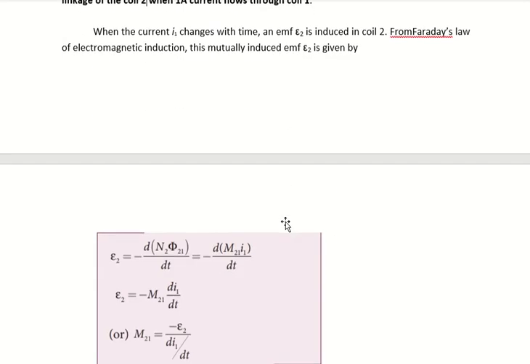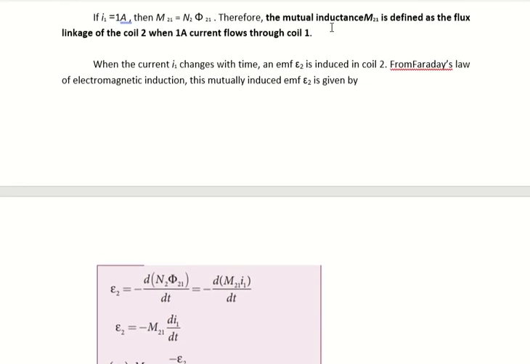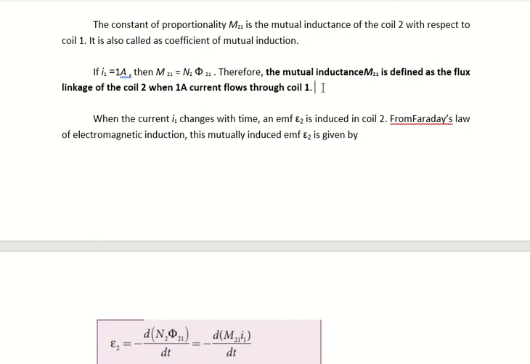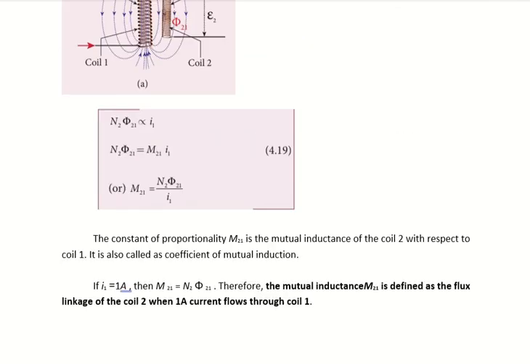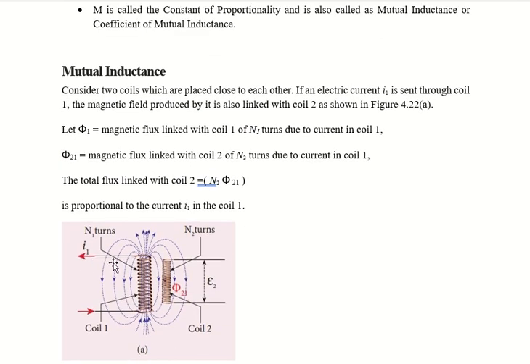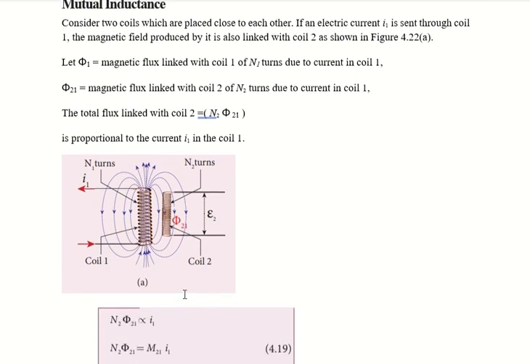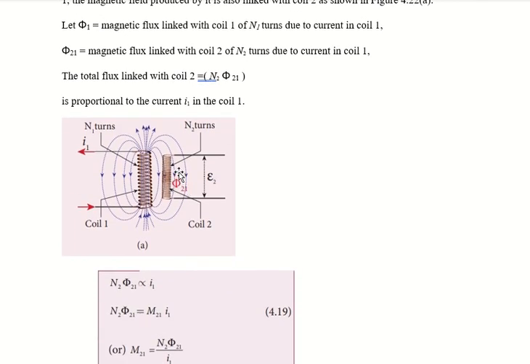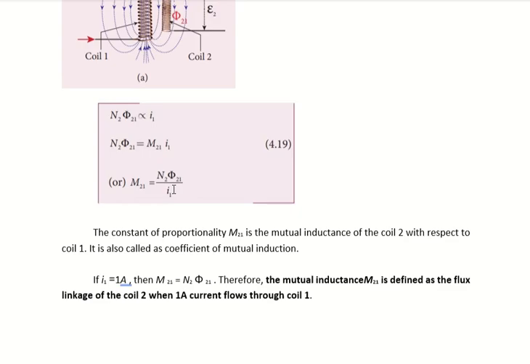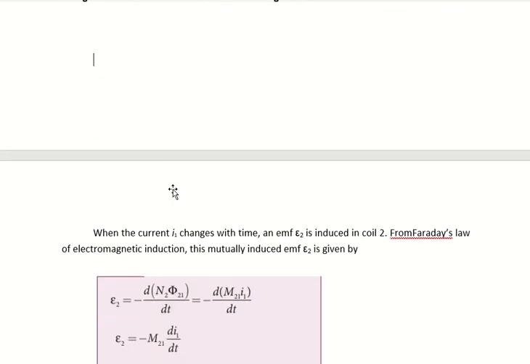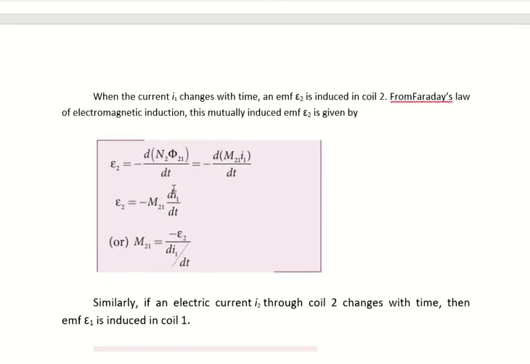Next, consider the case if you are considering current in the second coil. See, in this figure we are passing current in the first coil. When you pass the current in the first coil, you will be getting mutual inductance M21. Next, we are passing current in the second coil.